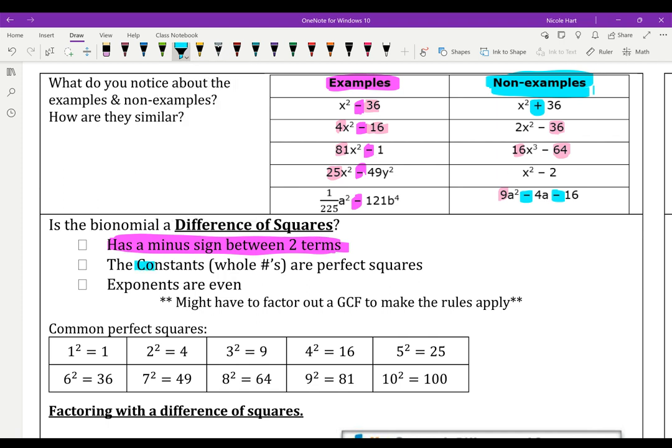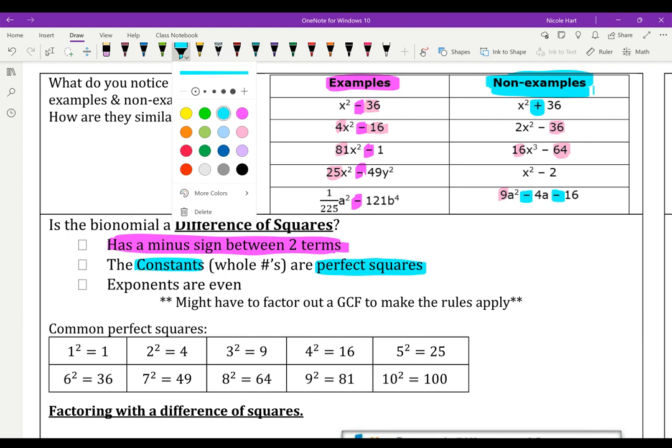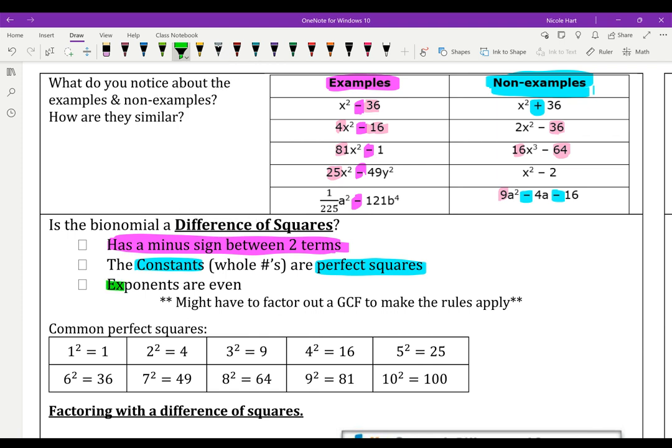The second is that the constants or whole numbers are perfect squares. So any number that we see is a perfect square. And then the last one is that the exponents are even. So that means they are like x squared or y to the power of 4 or z to the power of 8. They're all going to be even numbers.